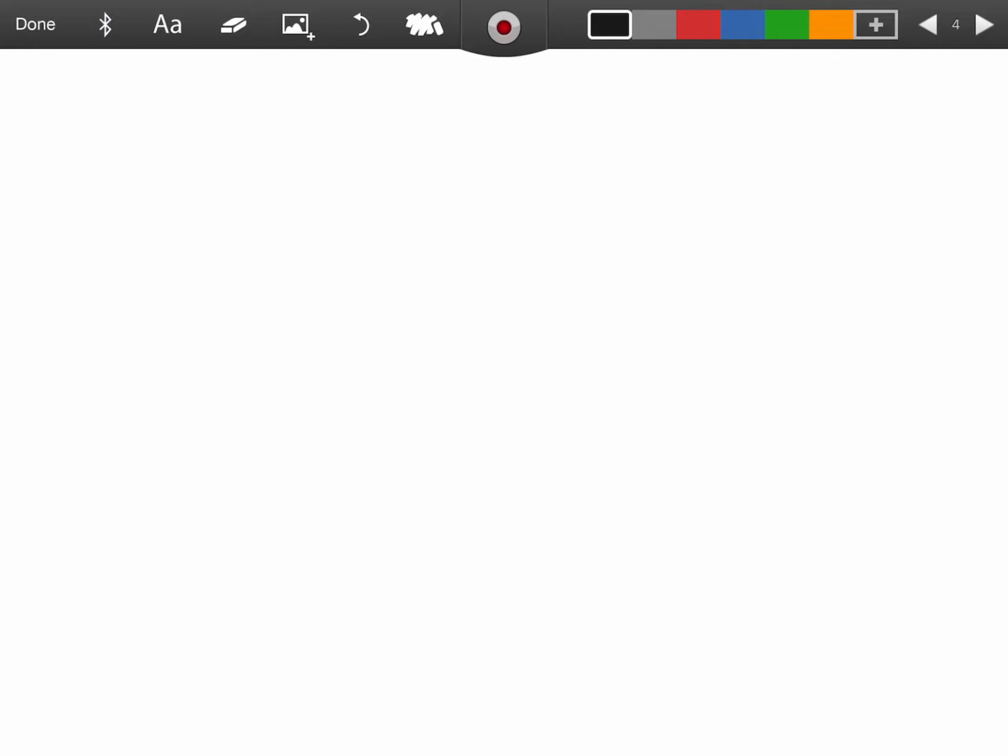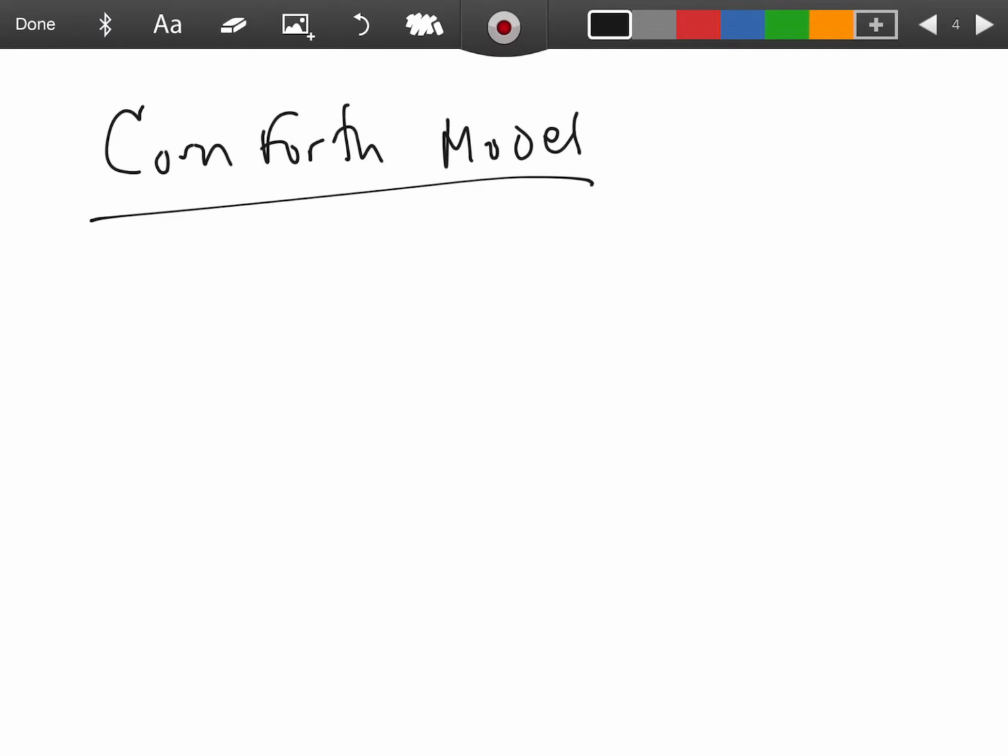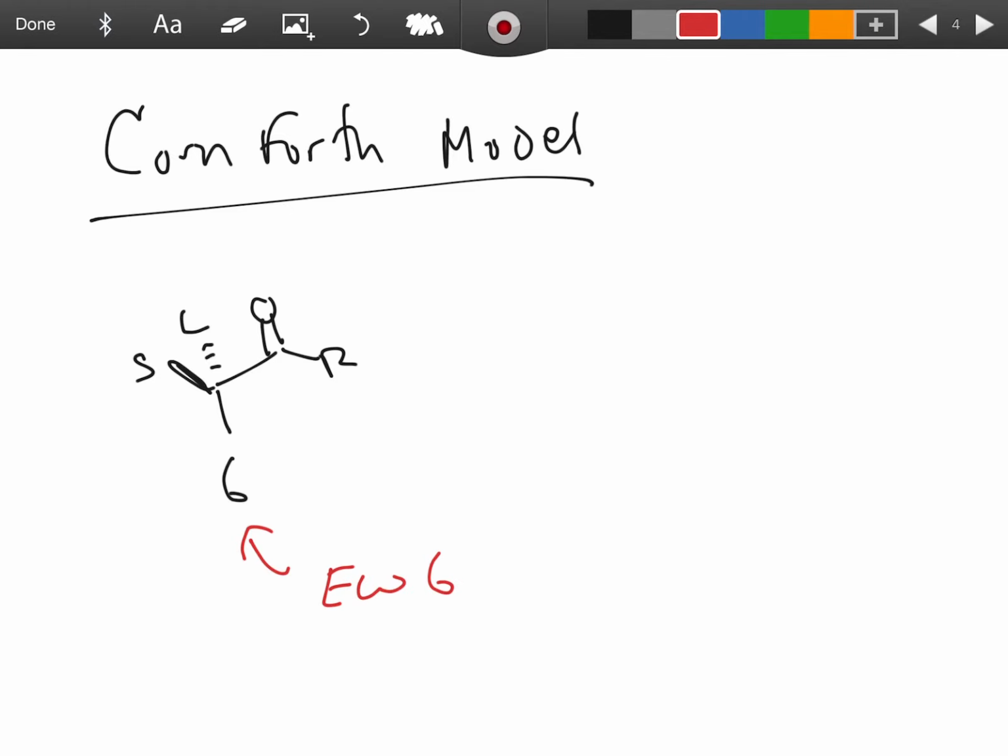So another model that was developed to explain additions to carbonyls is the Cornforth model. And so here you have your carbonyl and then whatever small. So your G group is an electron withdrawing group.